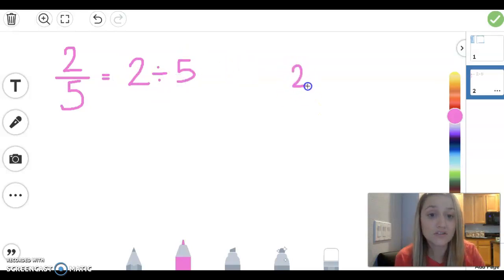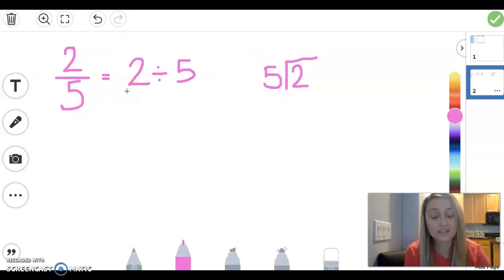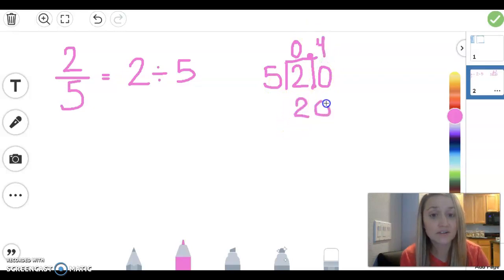So if I wanted to make this number into a decimal, I could do it 2 ways because of its denominator. So 5 can't go into 2, so we'd have our 0 here. Okay, 5, don't forget to move up your decimal point. 5 can go into 20 4 times. Okay, so our answer would be 0.4.